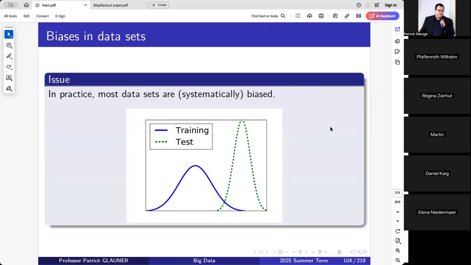Now we're coming to another issue in big data sets, which are biases. The term of bias in machine learning has been in the news for possibly the last 10 years or something, and gets a lot of attention.